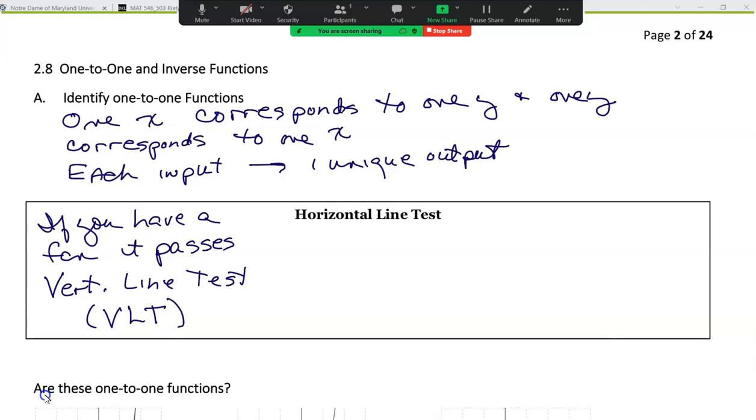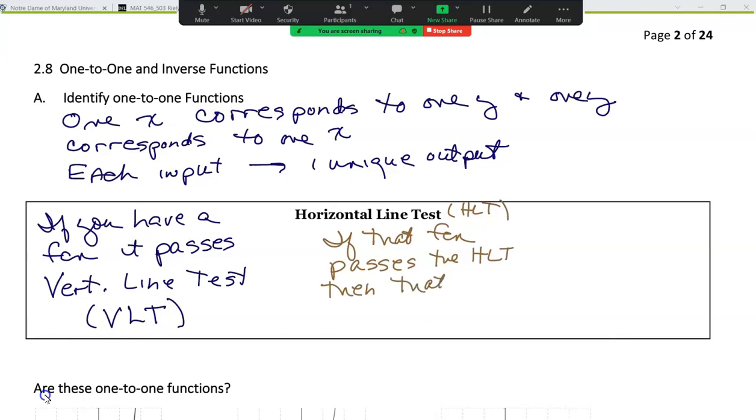Then I'm going to say, if that function passes the horizontal line test, and that's the HLT, then that function has an inverse that is a function.